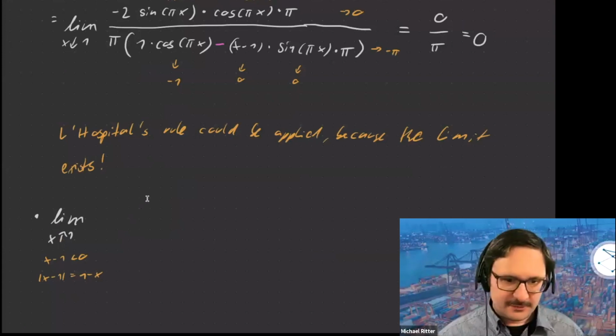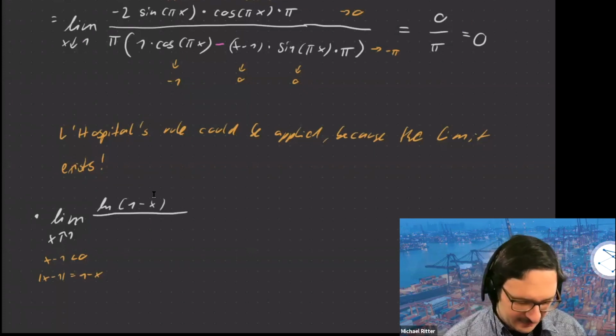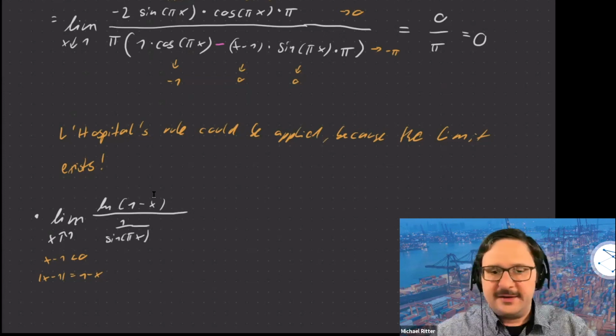And that means we can just do that reformulation that we had before. We can do that again. So in this case, we have the ln of 1 minus x divided by 1 over the sine of pi x. And then basically the same arguments work.